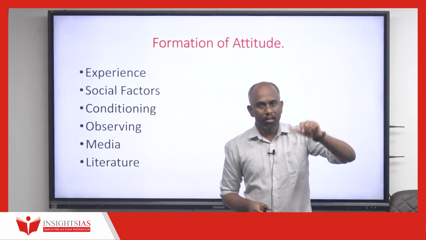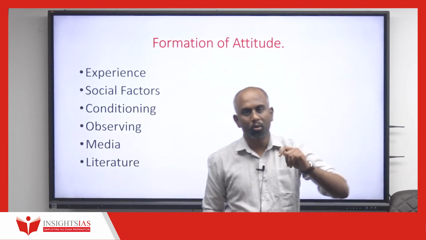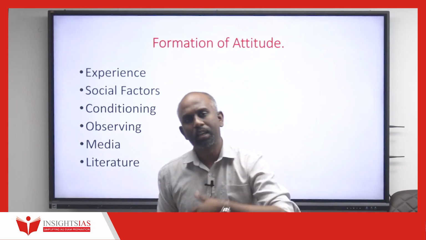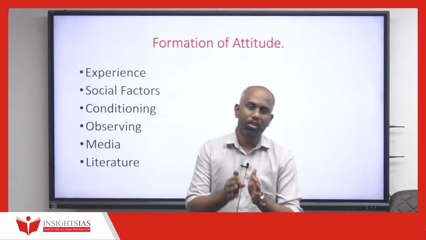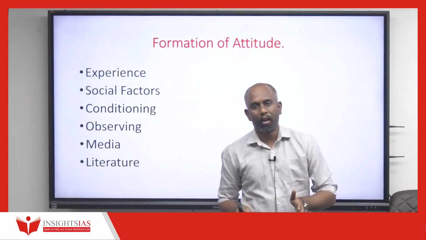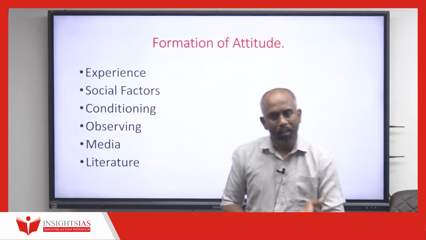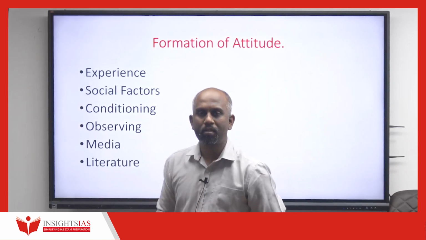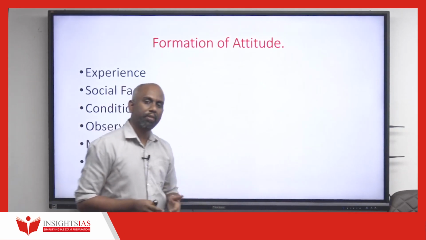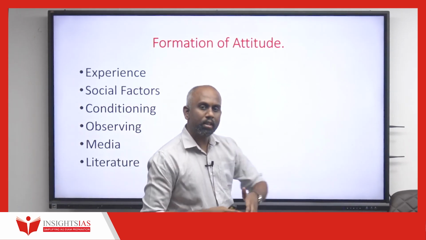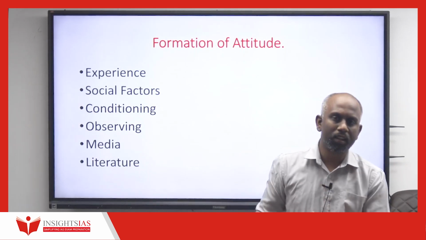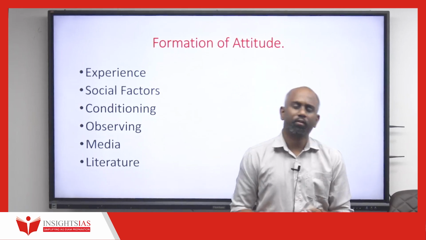He gave up his commercial enterprise and took up the cause of fighting for Indians in South Africa and later in India. In Ashoka's life, it was the Kalinga War which changed his attitude from violence to non-violence. In Buddha's life, when he went outside the palace, he saw an old person, a person with disease, a person begging, a dead person, and also finally a person who was a monk.